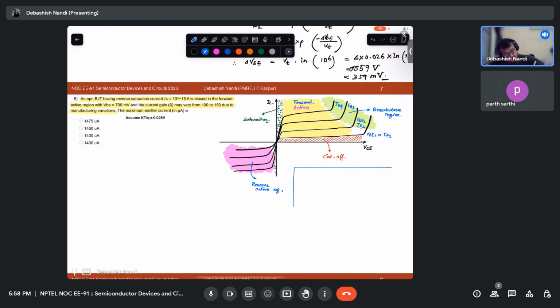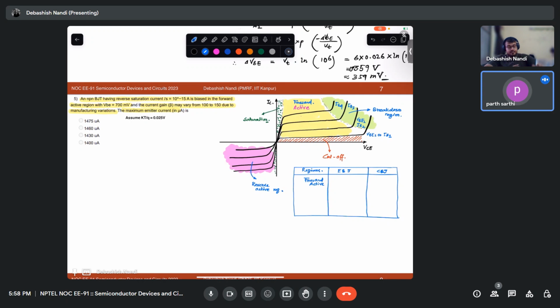So now can you tell me the bias conditions on the junctions? So let us make a table. This is EBJ. This is your collector base junction. These are the regions. So for forward active, what is the condition on emitter base junction? Emitter base will be forward and base collector will be reverse biased, okay?